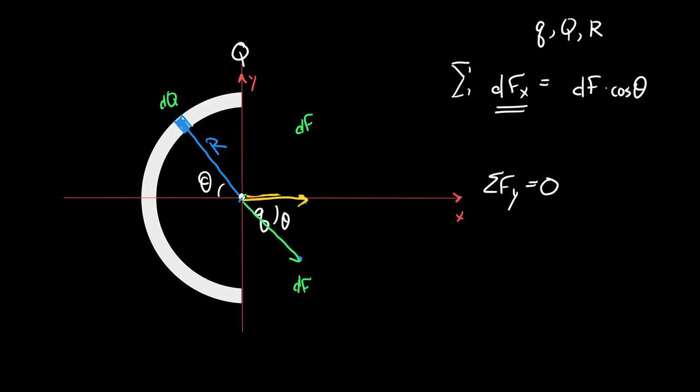Isn't every single piece of arc the same distance away? Yes. This wasn't true on the bar yesterday. On the bar yesterday, every single piece of the bar was a different distance away, because the bar was flat, and some of them were close to my dot, and some of them were far away from my dot. But it doesn't matter which piece we choose here.